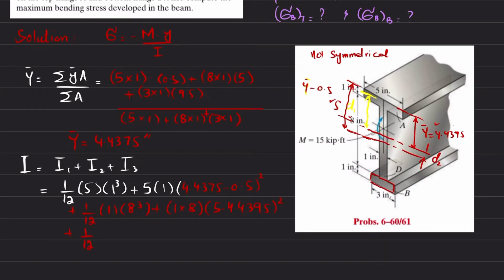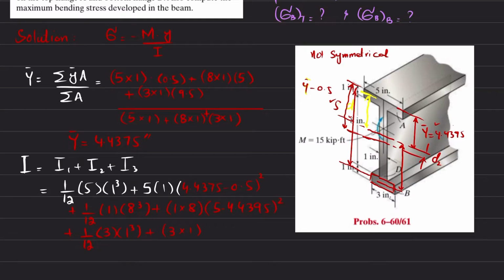So 1 over 12, its breadth is 3 and height is 1 cube, plus AD square. So area is 3 multiplied by 1. And what about its distance from the neutral axis to its centroid? We have already discussed that the total height is 9.5. Clear?